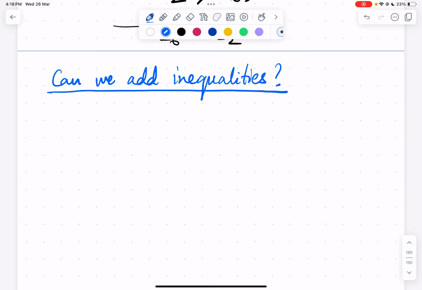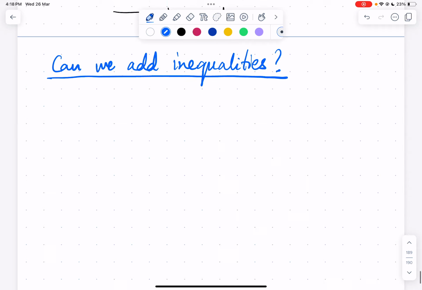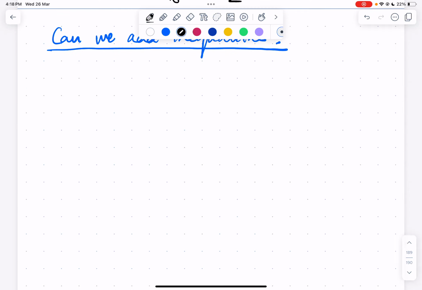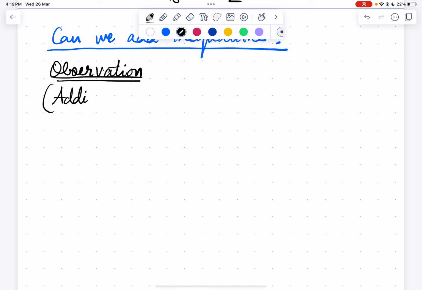So, can we add inequalities? Here's an observation. Adding inequalities.